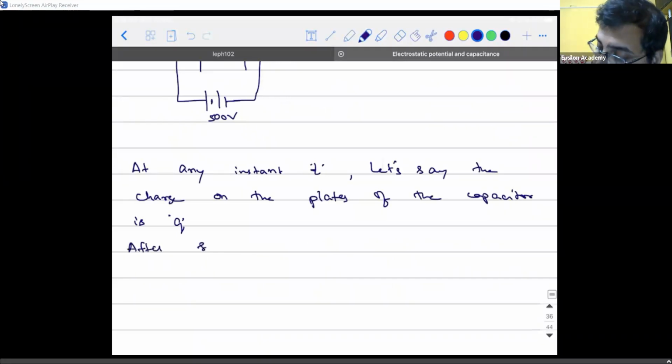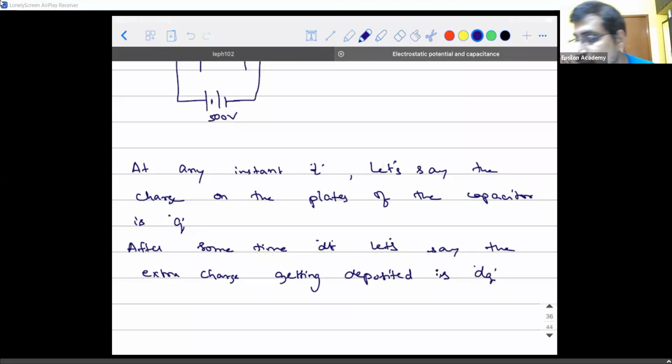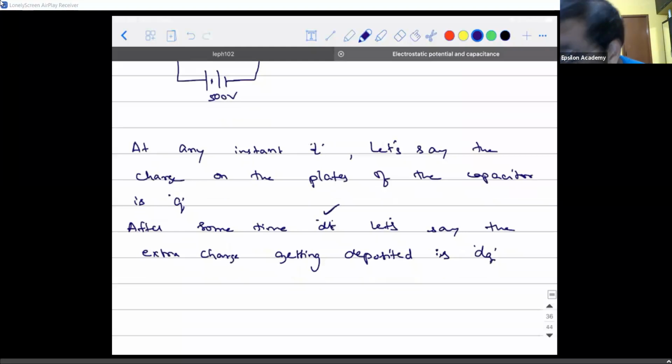After some time dt, let's say the extra charge getting deposited is dq. Are you able to understand this? It is dq, happening in the extra time dt, that is, after time t plus dt.